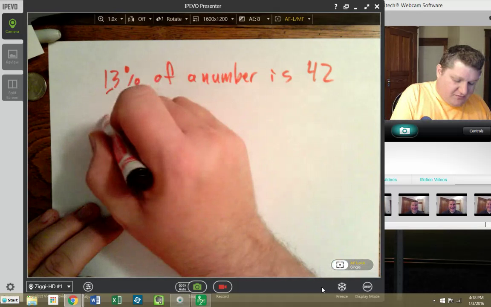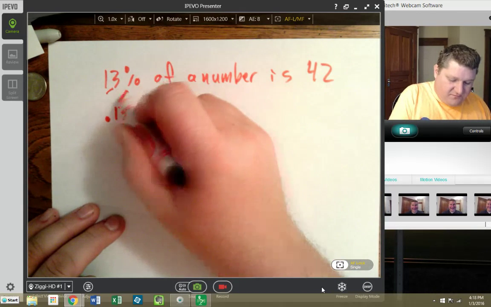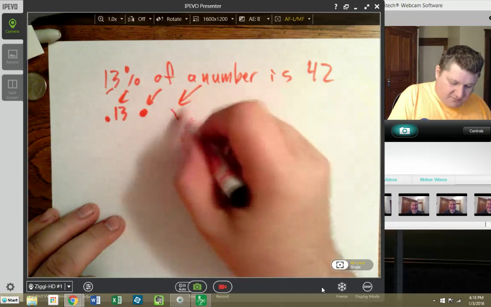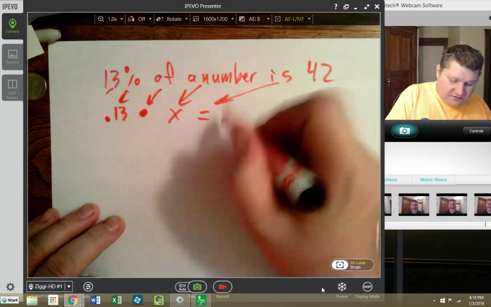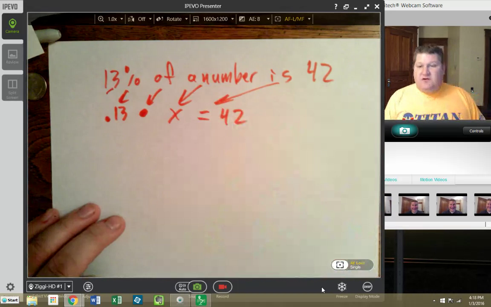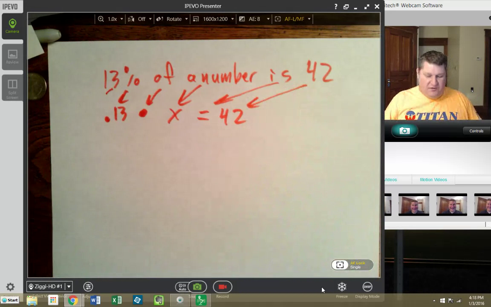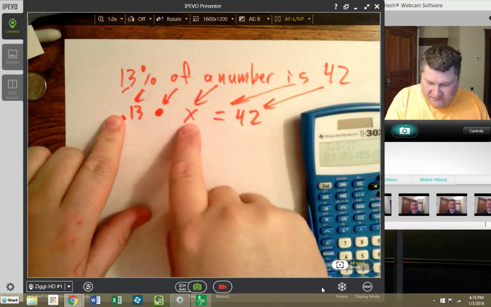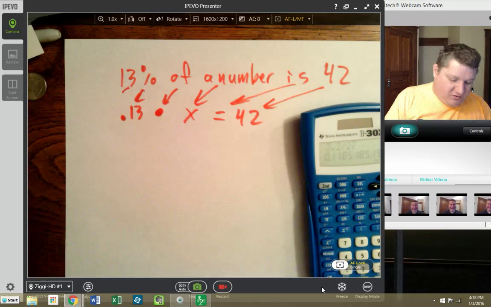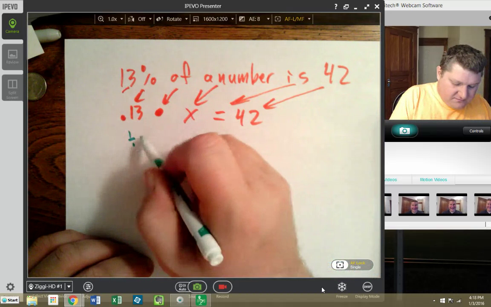Well, 13%, 0.13, of means times, a number means x, is means equals, and 42. In this case, all we have to do is say 0.13 times x equals 42. And so I'm going to have to move the 0.13, get it away from the x. Again, if I have 0.13 times x, what do I do to get rid of it? I would divide.